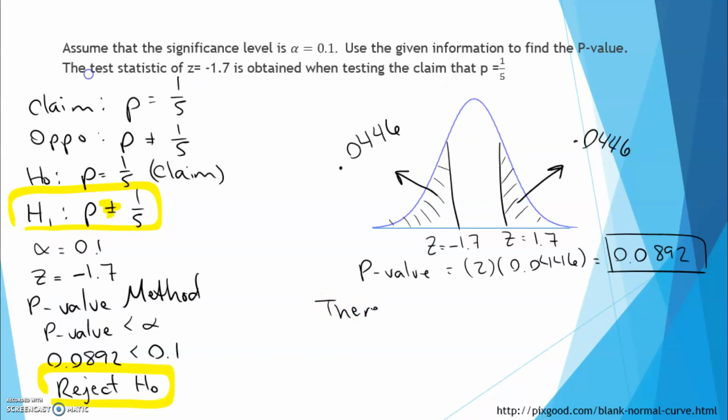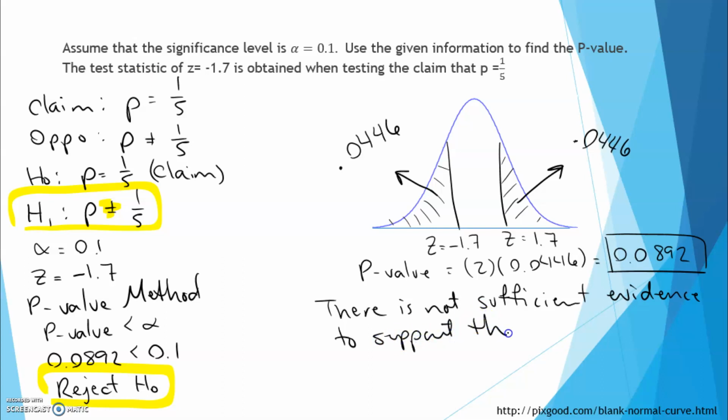There is not sufficient evidence to support the claim that p is equal to 1 over 5. And that's it.